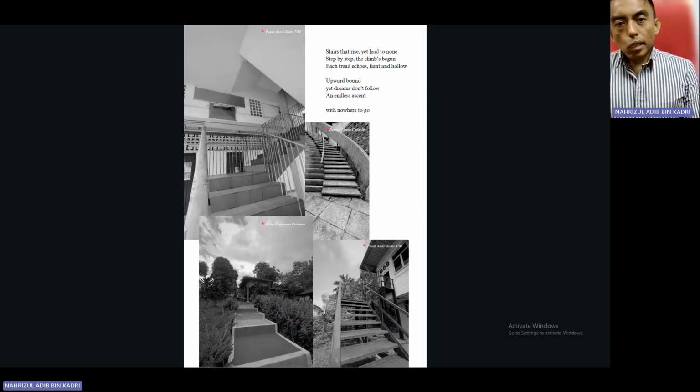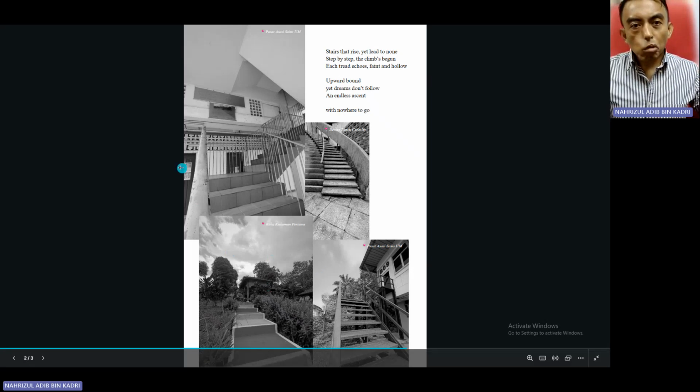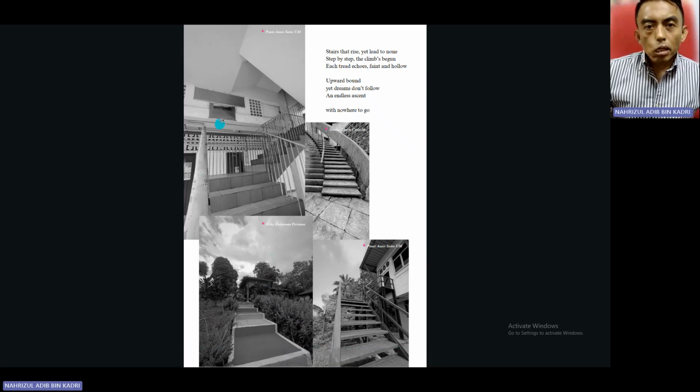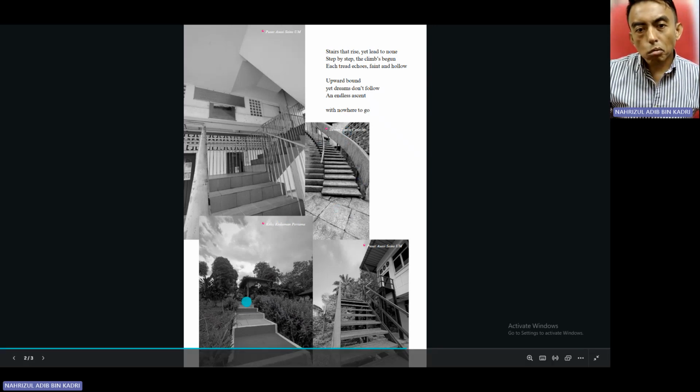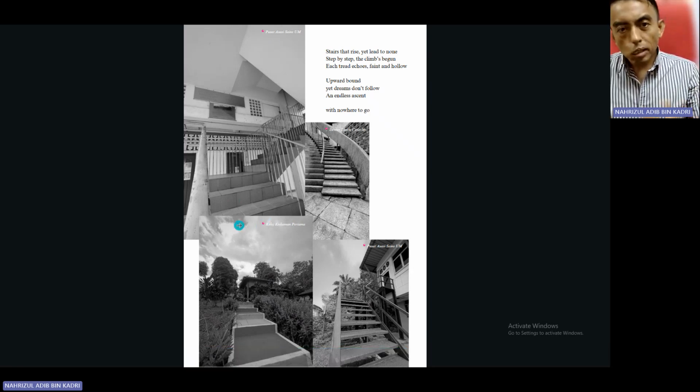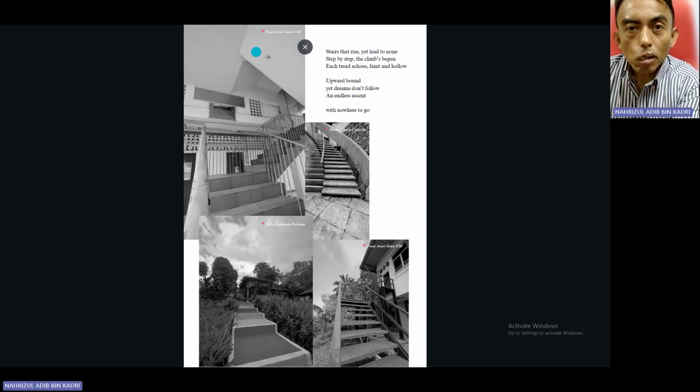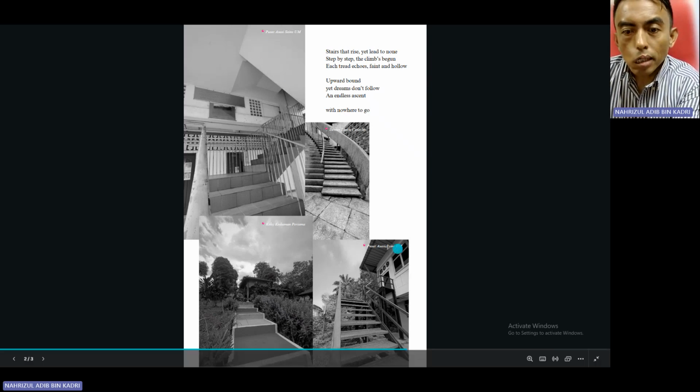And the main content is just one page actually, because I want to show that in UM there are lots of stairs, different styles. There are these ones, and I even put in the location. Perhaps some of the readers would like to go to where I took these photos. So I put in the location.